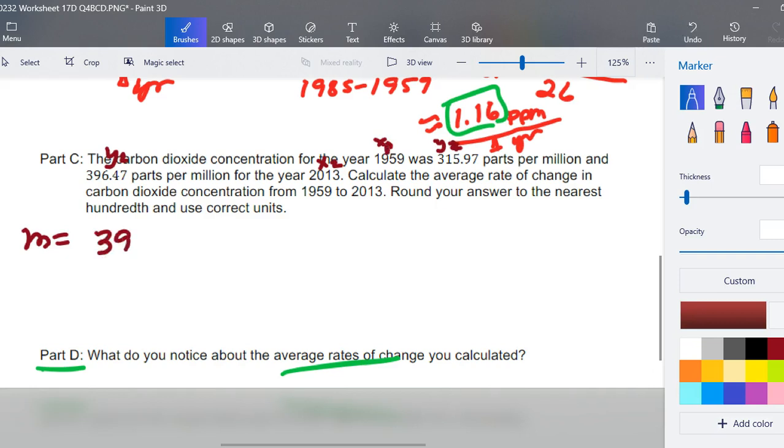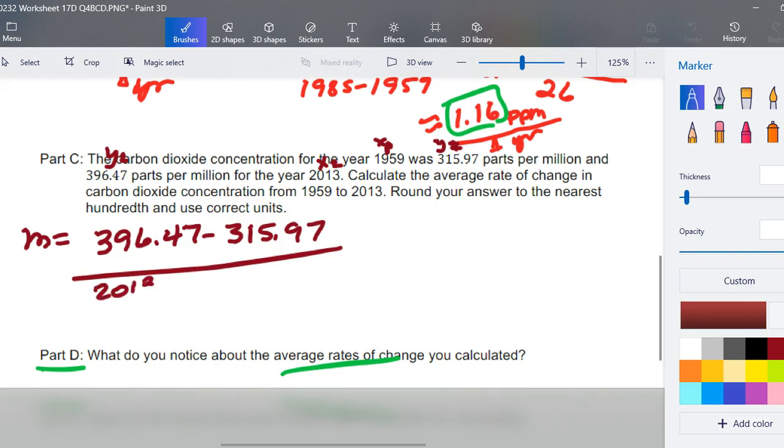And we're going to take our Y2, subtract our Y1, and then take our X2, subtract our X1, grab a calculator, and do 396.47 minus 315.97. And I'm getting 80.5.